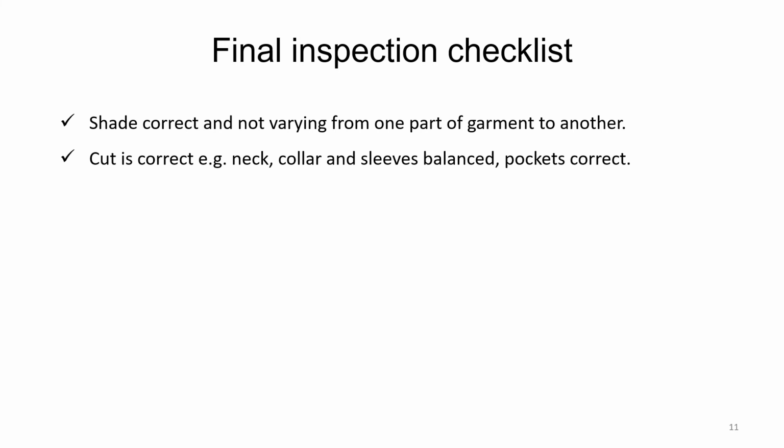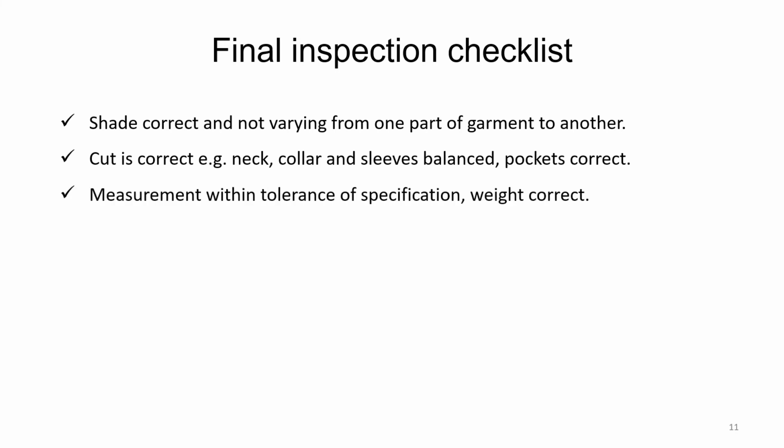So that's why neck, collar, sleeves, pockets, etc., those are checked. You can't have a longer right sleeve and a shorter left sleeve. So you just have to put one sleeve on the other and see whether the measurements are correct or not. If both of them measure the same, it means that the sleeves are balanced.